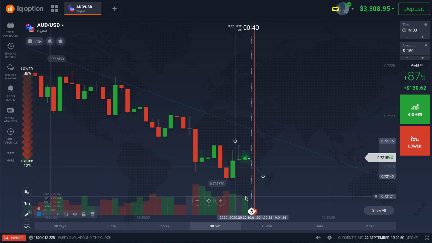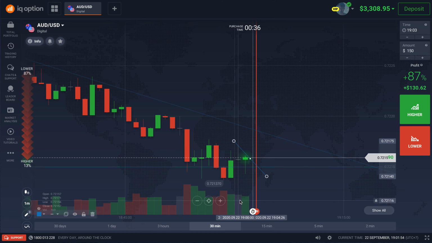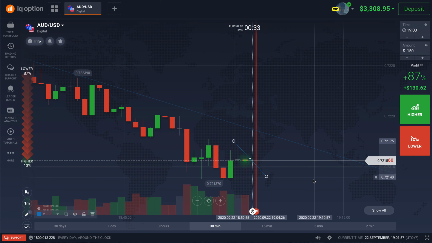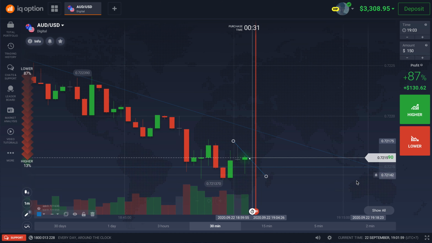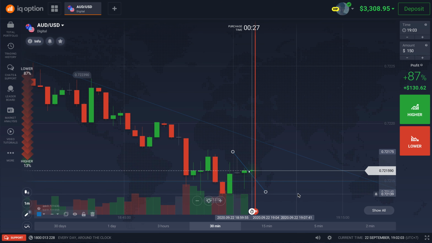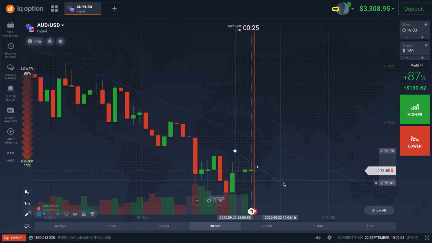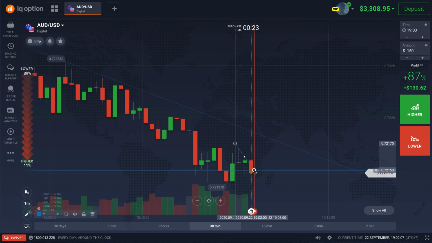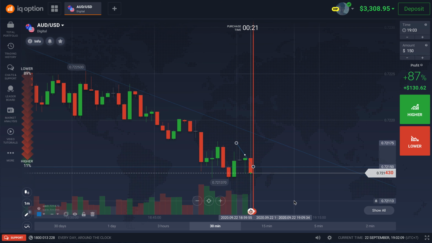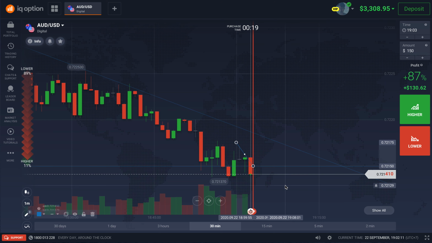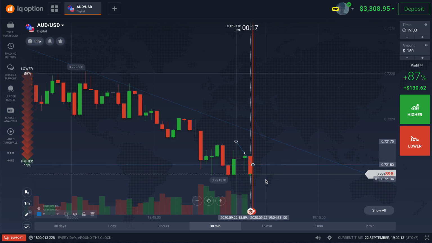But if the volume is less than the doji, then it's possible to go on. So it's greater power than the doji. Okay, there is a low sign. Low sign.